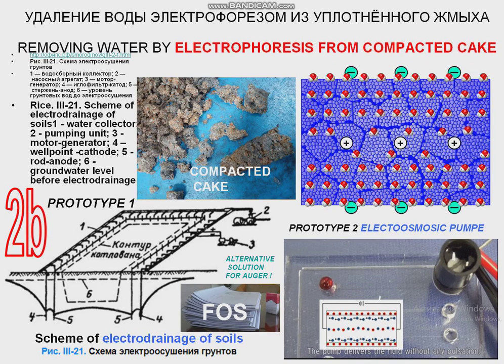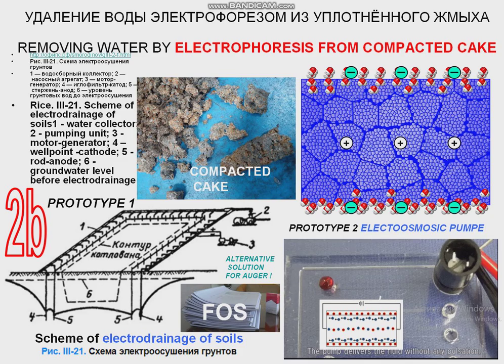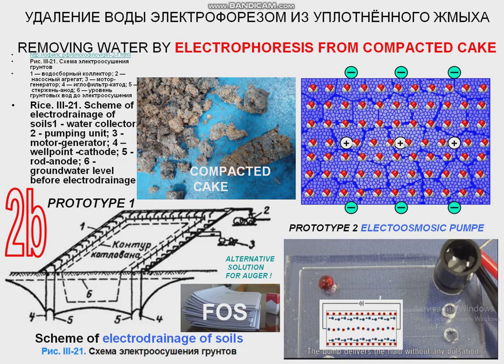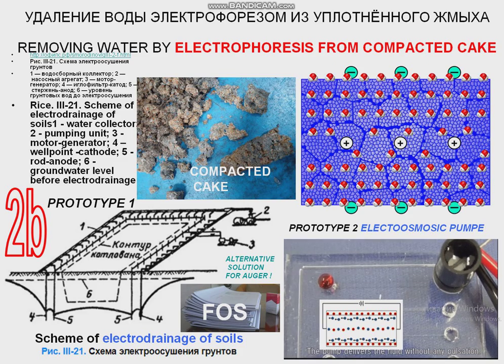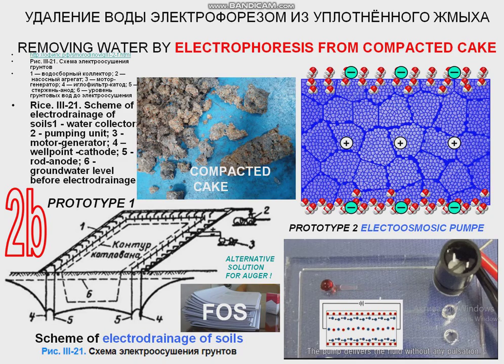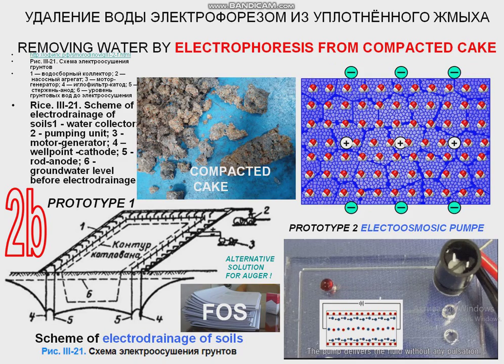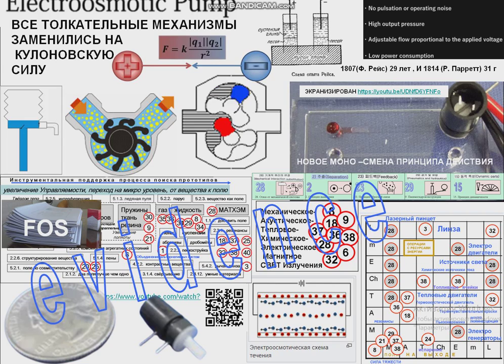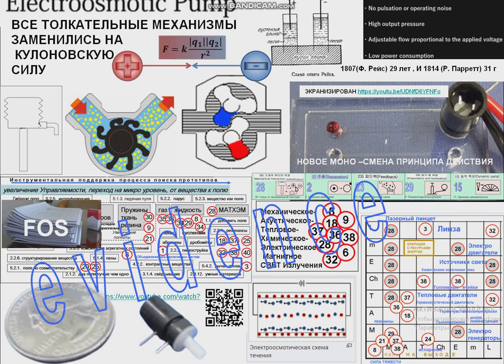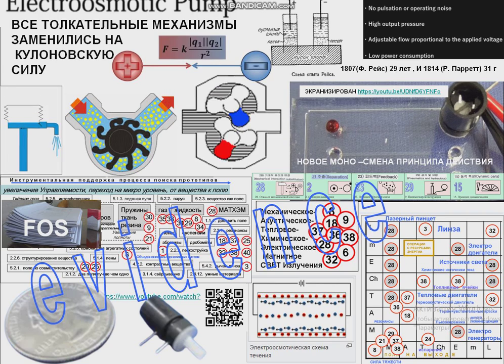The first prototype is located in the construction area, the second in the medicine area, in medical technologies, and we have big experience in the application of the electroosmotic pump. 3 years ago, we had a project and we obtained this experience.